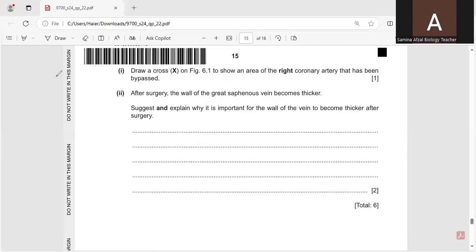After surgery, the wall of the great saphenous vein becomes thicker. Suggest and explain why it is important for the wall of the vein to become thicker after surgery. It needs to be thicker because it cannot be damaged in this way, and it can withstand high blood pressure.